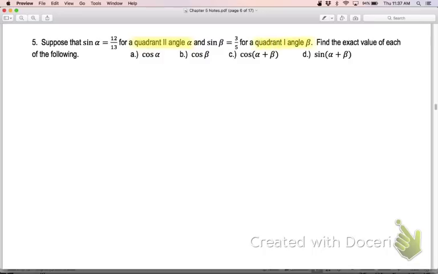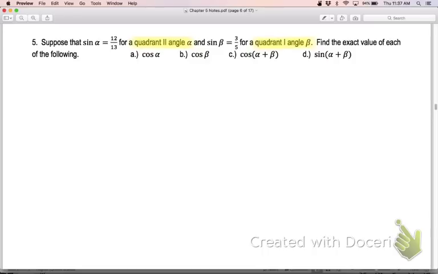So we want to find the exact value of each. Now, before we can find cosine alpha, cosine beta, and then the sums, we need to know what the triangles are that we are working with. So remember that sine is opposite over hypotenuse, or you can think about it as y over r. R is the radius, which is your hypotenuse.